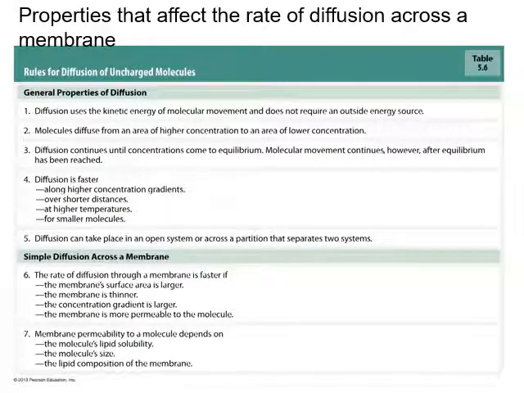So we've already seen general properties that affect diffusion, but here are some that are going to affect the rate of diffusion across a membrane. Okay, membrane surface area is larger. So the larger the surface area, the more diffusion that takes place.